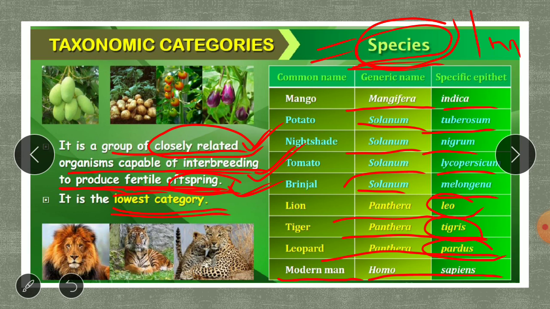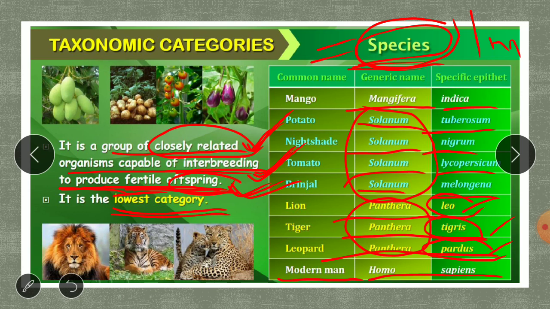As you can notice over here, the genus name is common for a few, but the species name is not repeated. Species is the name given only to a particular organism which is closely related, capable of interbreeding, and can produce fertile offsprings.